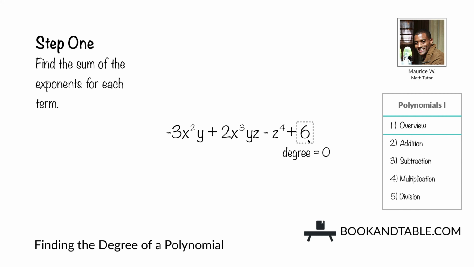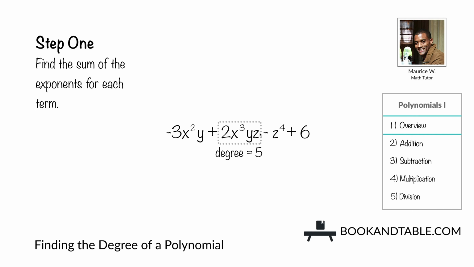Starting furthest to the right, we have a constant 6. Constants have a degree equal to 0. So we'll look at the next term, z to the fourth. The degree is equal to 4 since the exponent is 4 and we only have one variable. And then we have 2 times x to the third times yz. This term has a degree equal to 5.